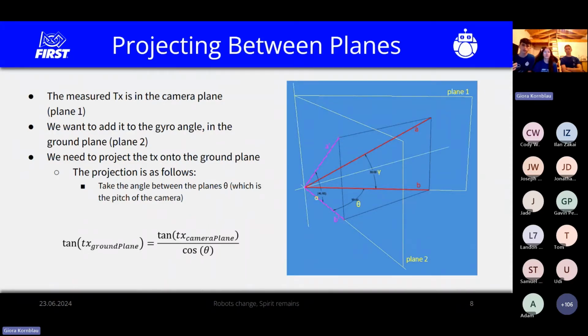We need to project the angle from plane 1 onto the ground plane, plane 2, and it is as follows. The tangent of the tx in the ground plane is the tangent of the tx in the camera plane, which is what we get from the Limelight or the PhotonVision calculation, divided by the cosine of theta, which is the angle between those two planes, which for us is the camera's pitch.